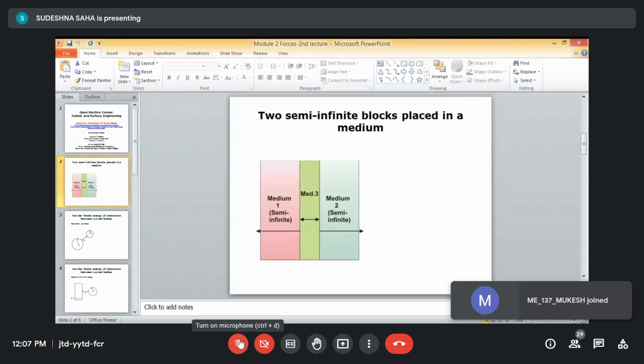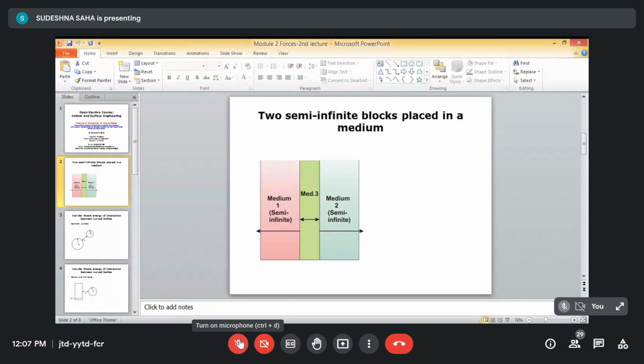Okay, so basically we will start with two semi-infinite blocks placed in a medium. We will look at what will happen, and then we will move towards other geometries.